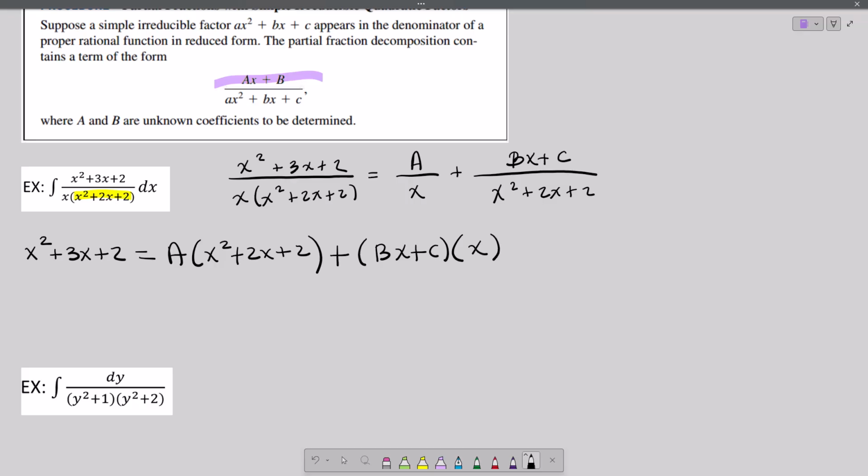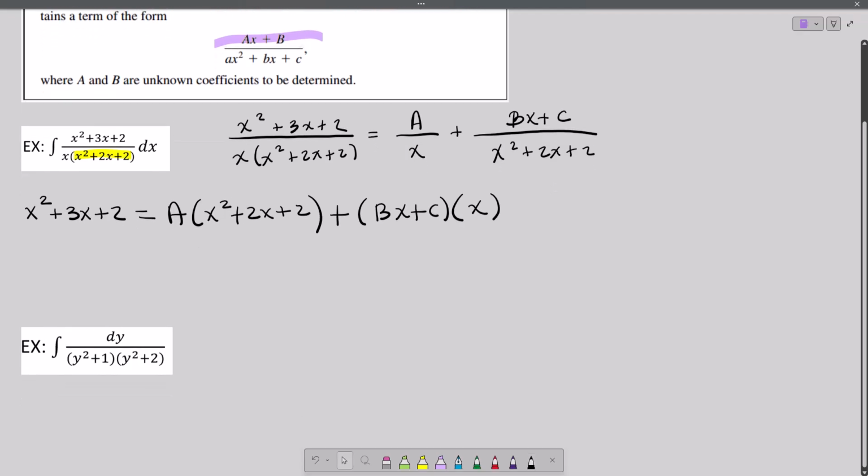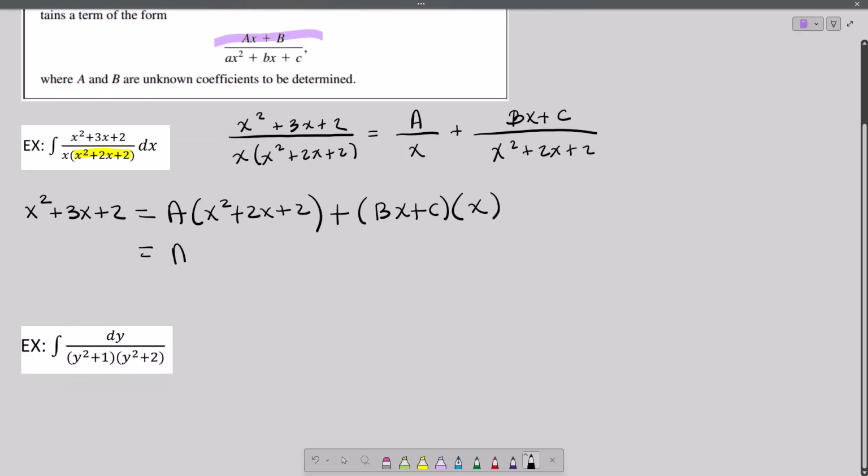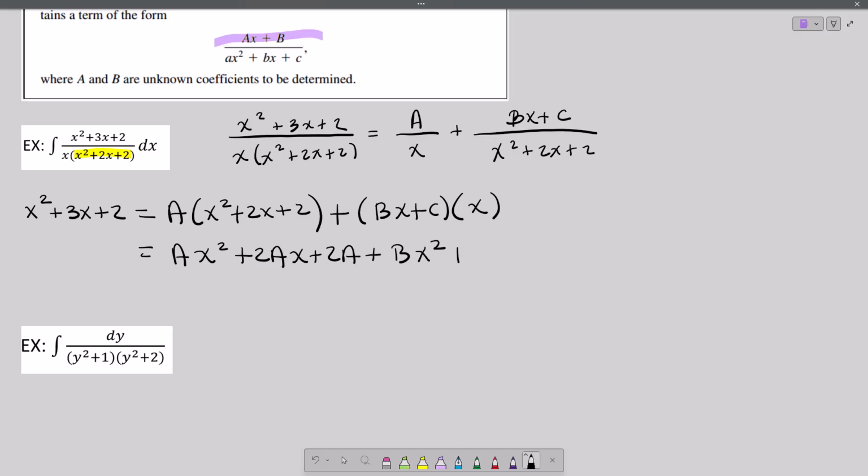So that's our PFD equation. Now there is one convenient value that we could use here, or we could just multiply it all out. It doesn't really matter. Let's just multiply it all out because this is a pretty simple one. So if we multiply this all out, we have that.